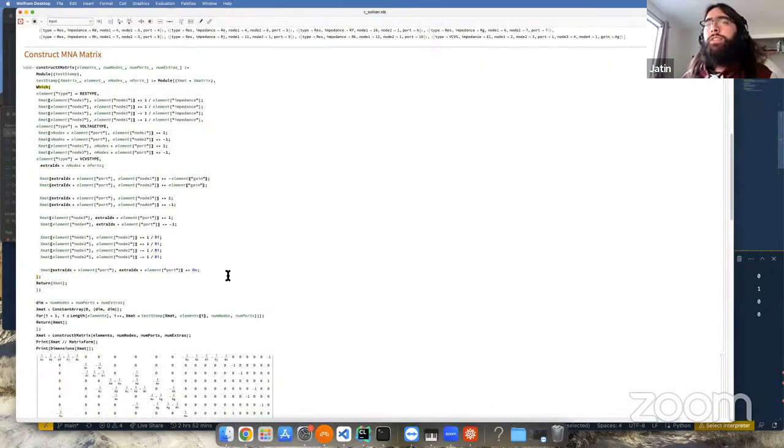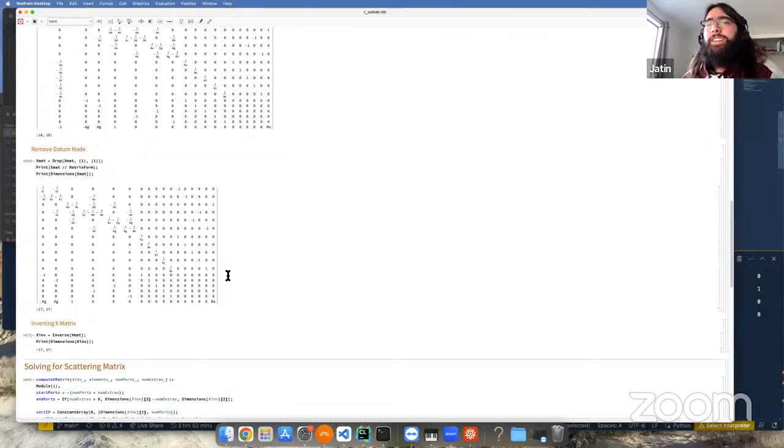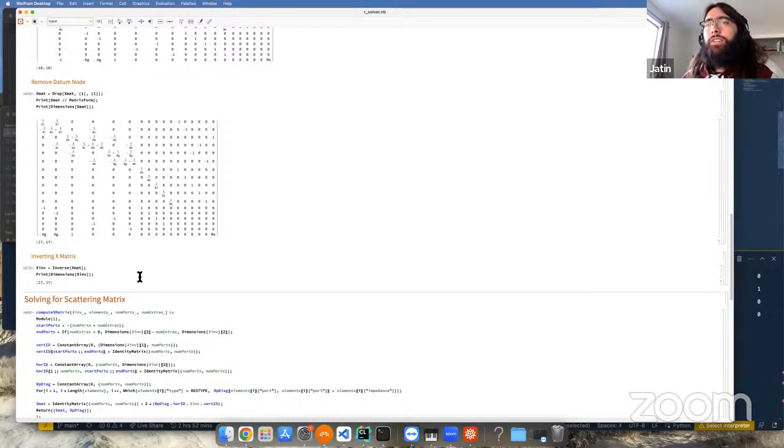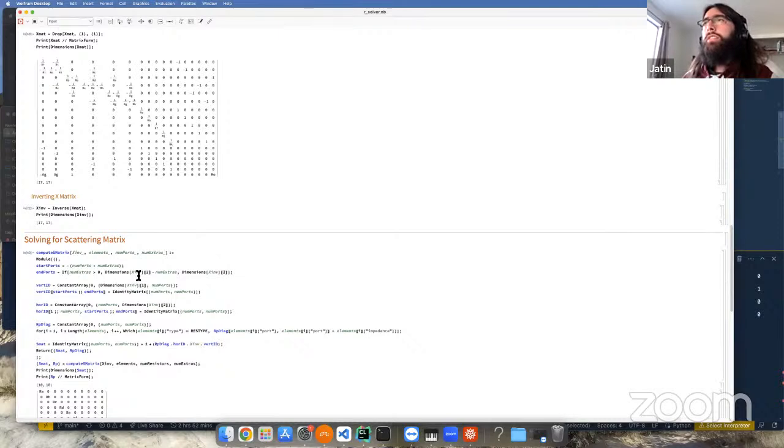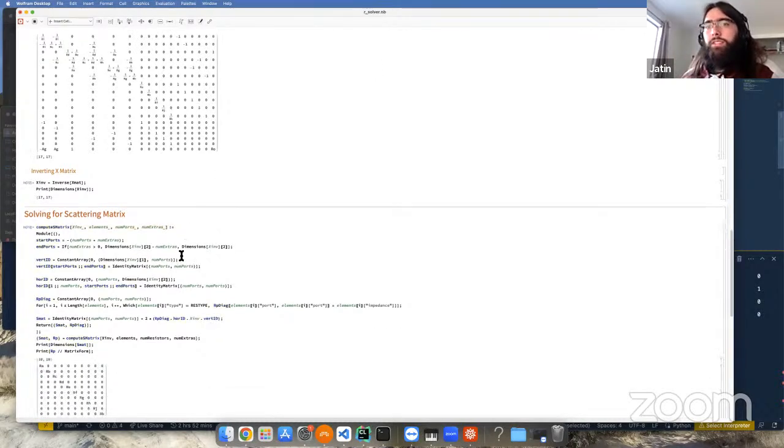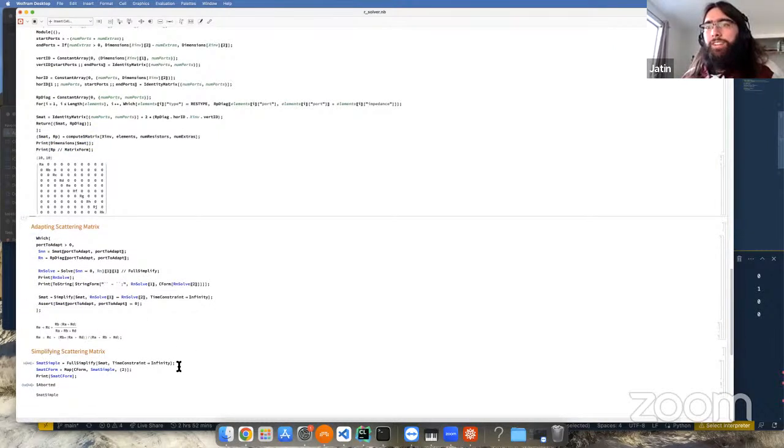Let's see how Mathematica is doing. Okay, maybe it finished. Yeah, it looks like it finished. Let's see what we get here. This is definitely going to take a minute to simplify the matrix as well, but hopefully we should get an answer here.